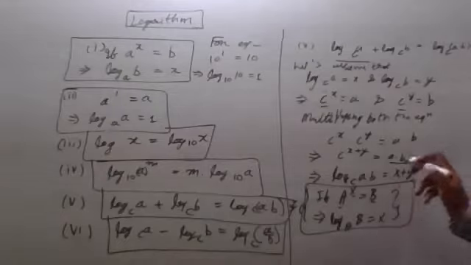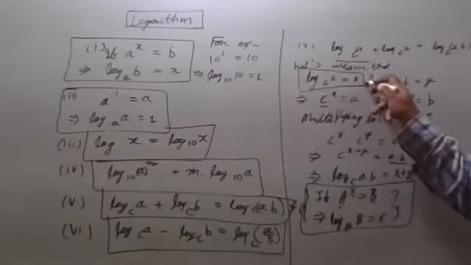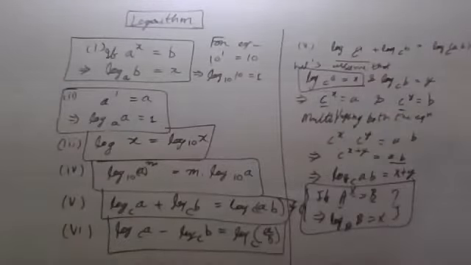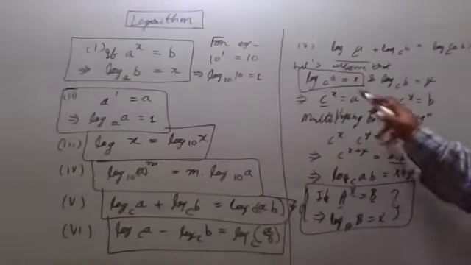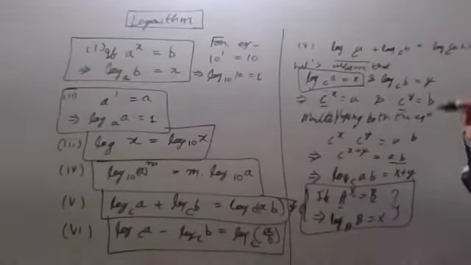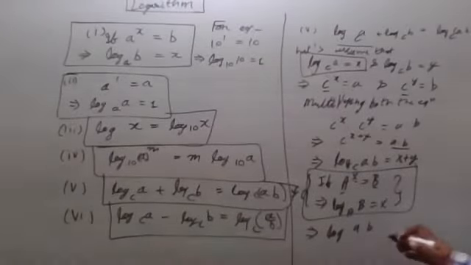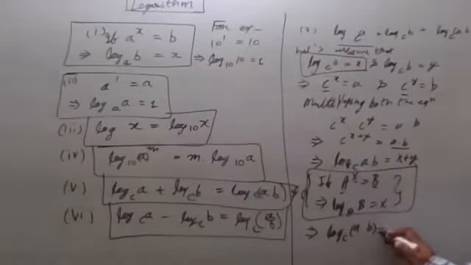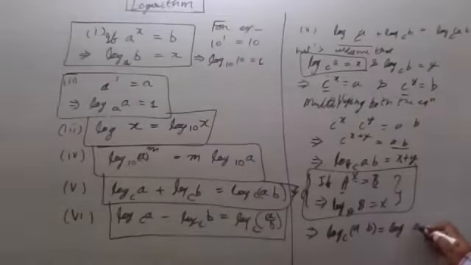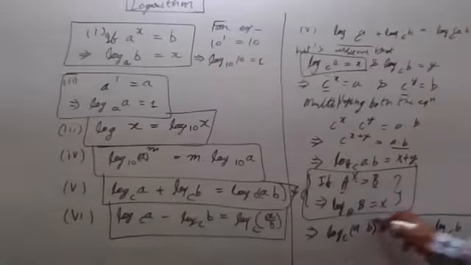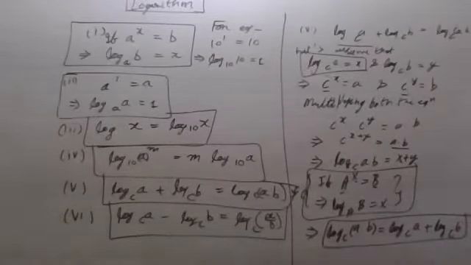Now we have assumed that x equals what? Log a to the base c. We have assumed that x equals log a base c and y equals log b to the base c, so log ab to the base c equals log a to the base c plus log b to the base c. Is that clear to everyone?